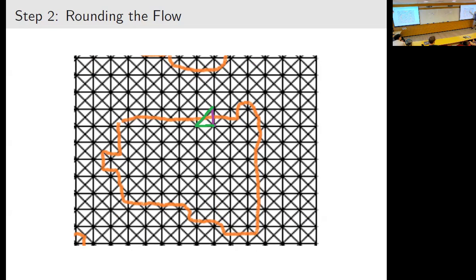So these 3 edges might be carrying a fractional flow. What I could do is just shift them slightly to make this purple edge integer, shifting it to the nearest integer by circulating some flow here. But now, of course, the other ones are wrong. So I go to the next edge and I shift this one to be an integer.